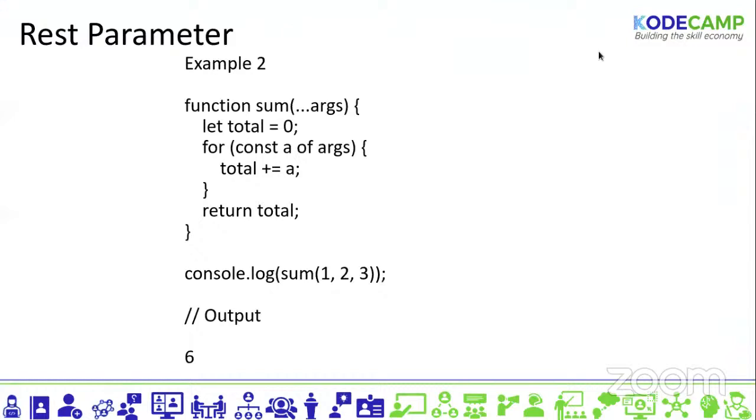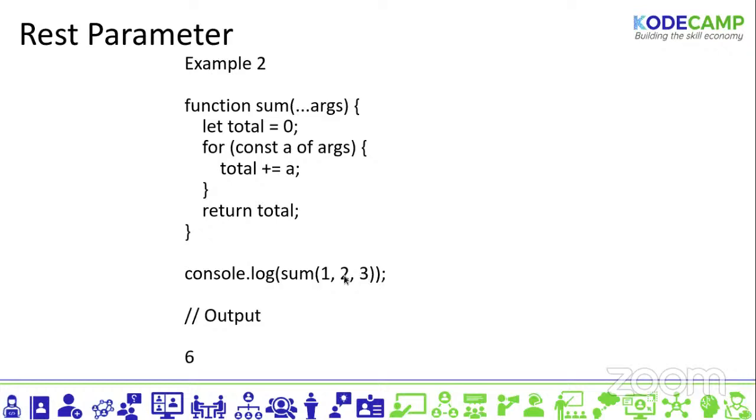So then we look at rest parameter example 2. This function adds whatever number of arguments you pass in here.